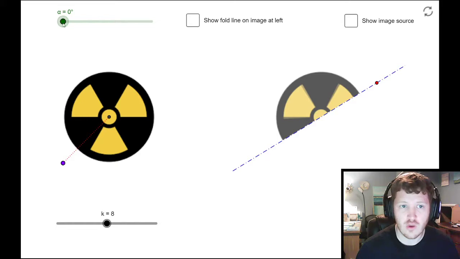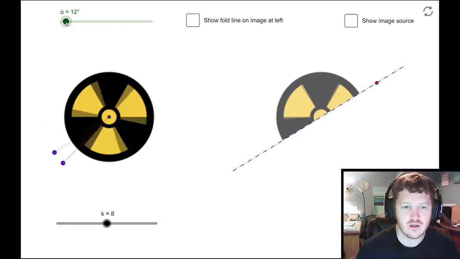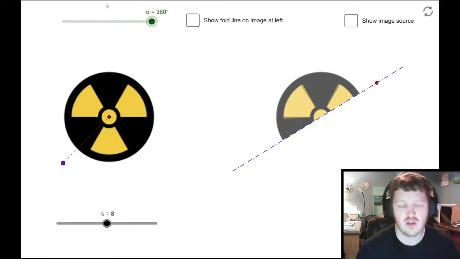If we wanted to know the order of rotational symmetry, we need to count how many times it looks the same before we get all the way around. Some people may be able to visualize it just by looking at it. Some people may need to practice with this tool to get there. 1, 2, 3. So this shape would have an order of rotational symmetry of 3.